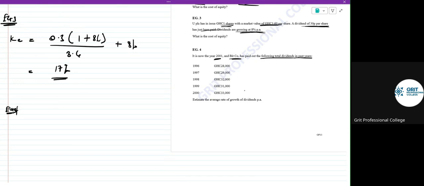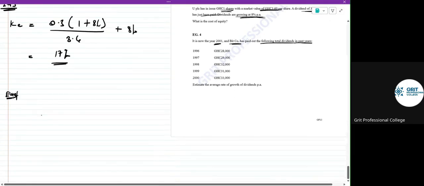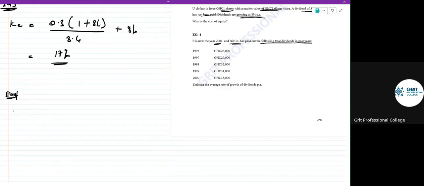The question says, let's estimate the average growth rate of the company's dividend. Please don't go and add this plus this plus this and divide by 5. No. When you see something like this, the approach we are going to use is to use the past dividend payments to estimate the growth.